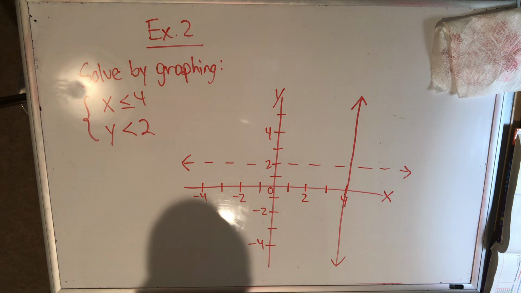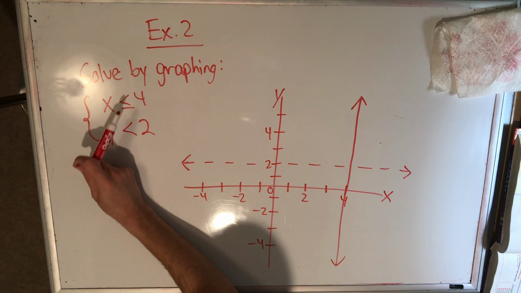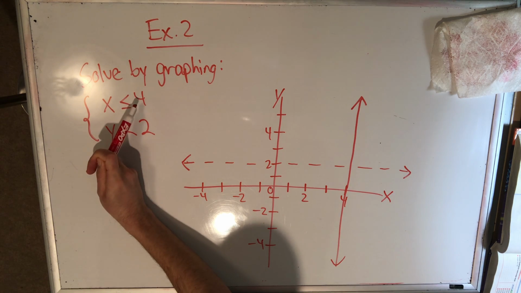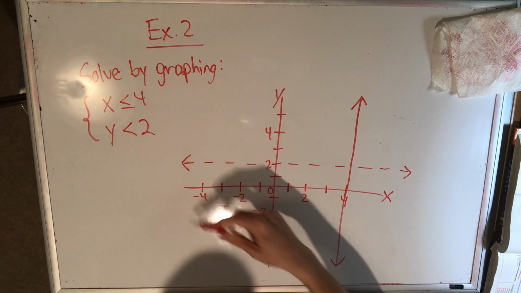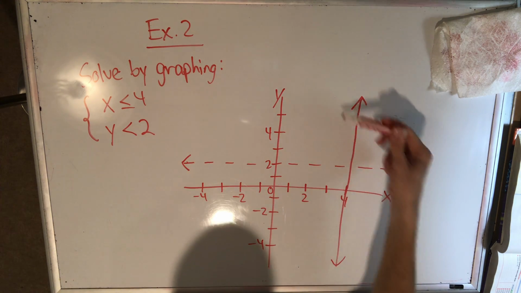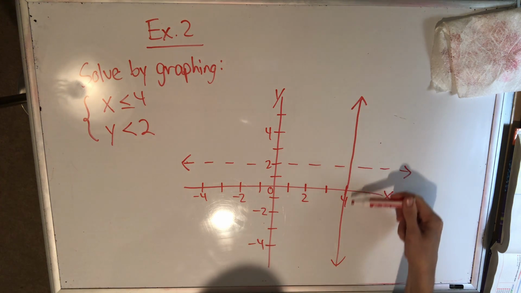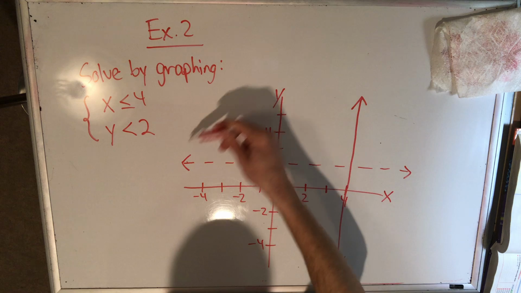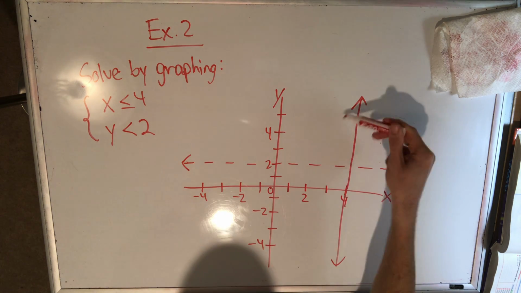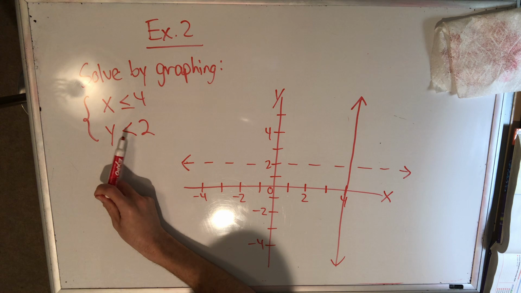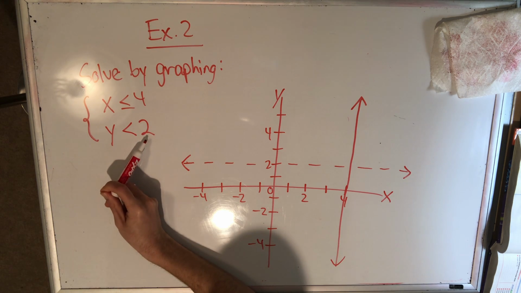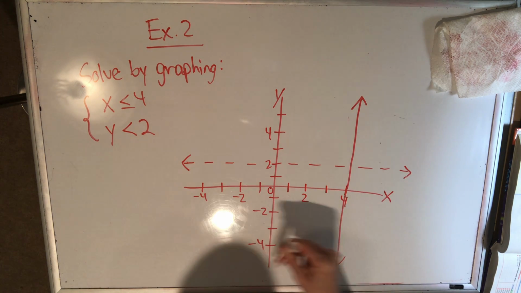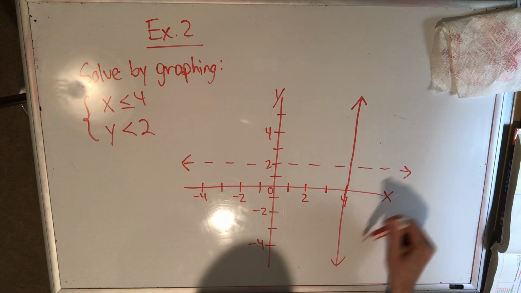Now let's focus on the inequality signs, the less than signs. We have x is less than 4, so that indicates this entire region to the left of the solid line x equals 4, because everywhere in this region, the x coordinate is less than 4. And we have y is less than 2, which indicates the region below the dotted line y equals 2, because everywhere in this region has a y coordinate that's less than 2.